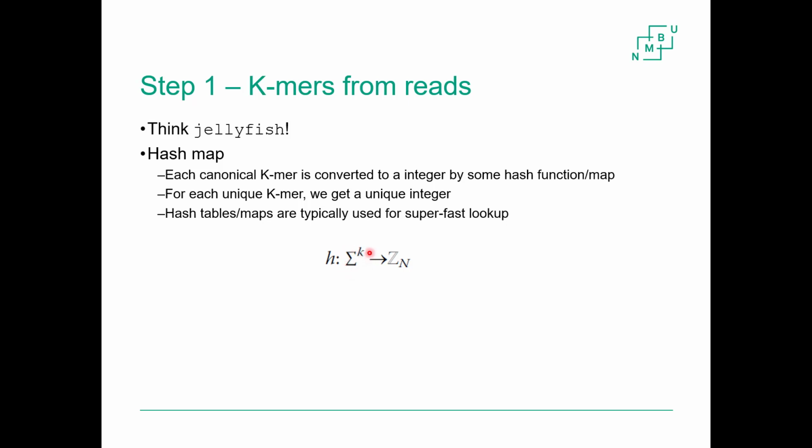It means the space of k-mers, or the set of all possible k-mers, and maps it onto the non-negative integers. This is capital Z, right? In mathematical notation. And it's even a subscript n indicating no bigger than n. So these are all the integers from 0 up to n.